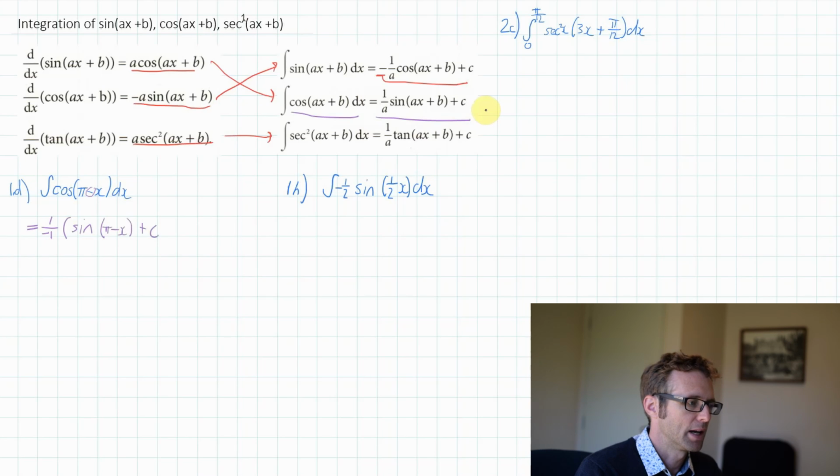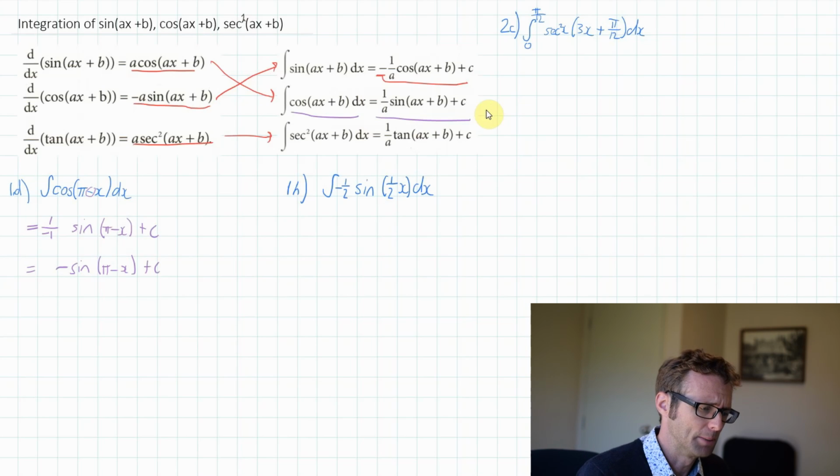So simply this will be minus sine of pi minus x plus c. So that's our first one, fairly facile.